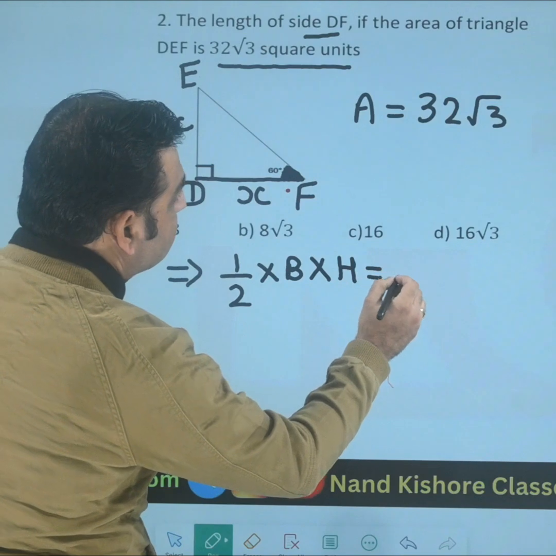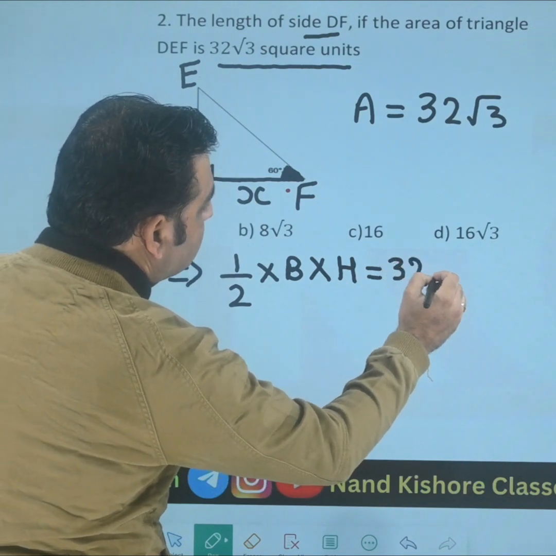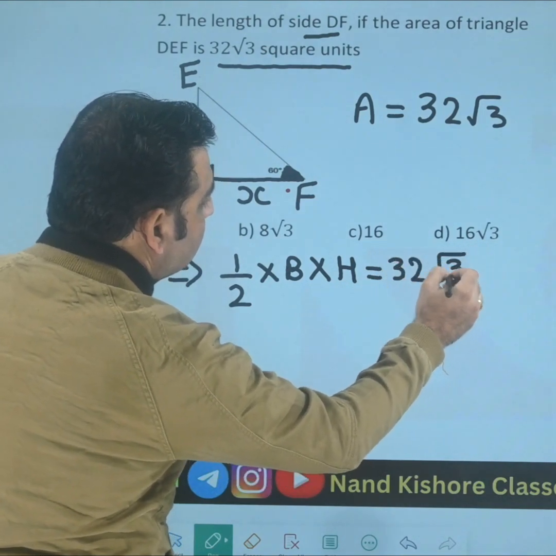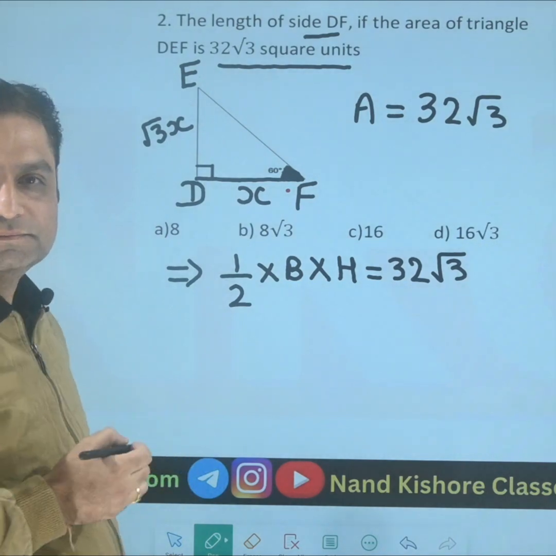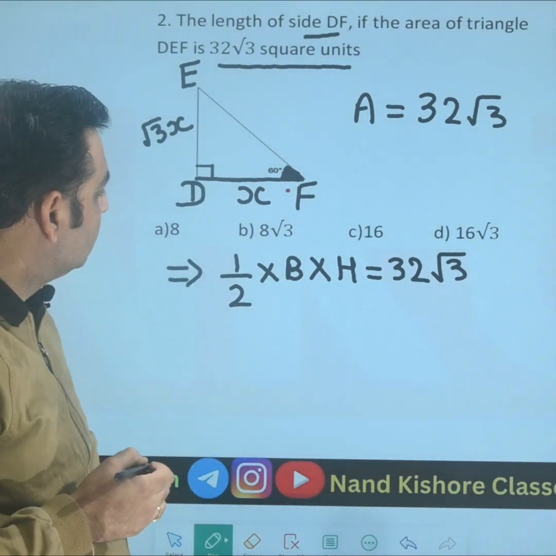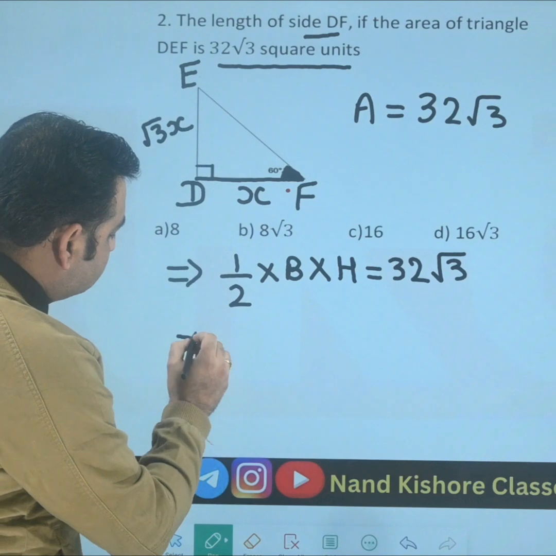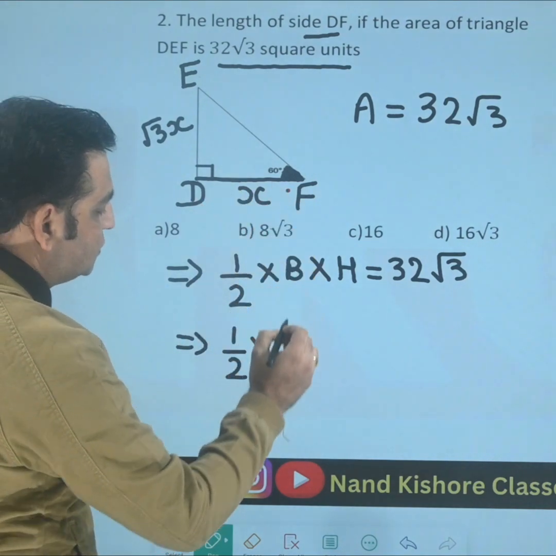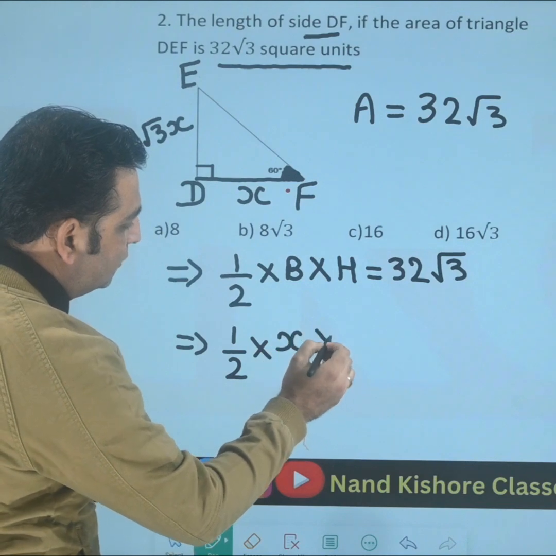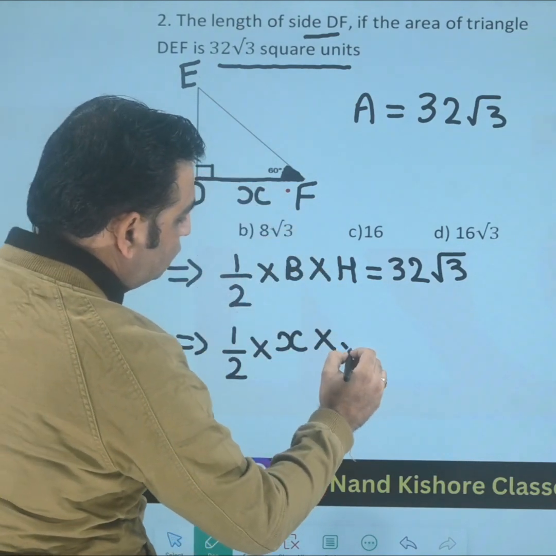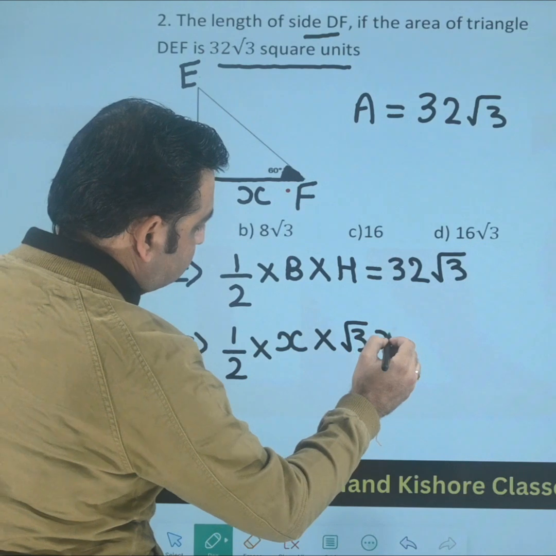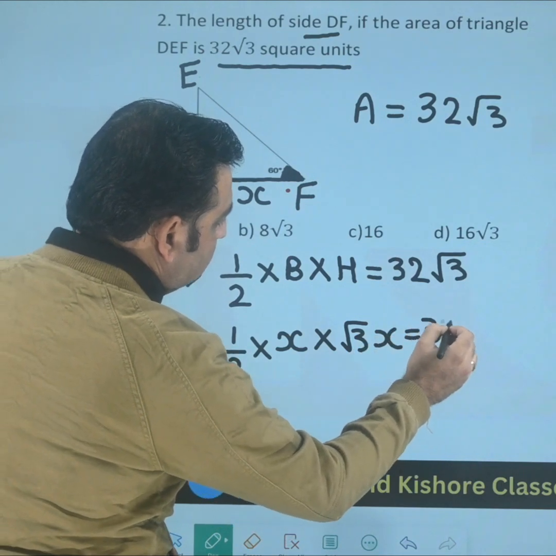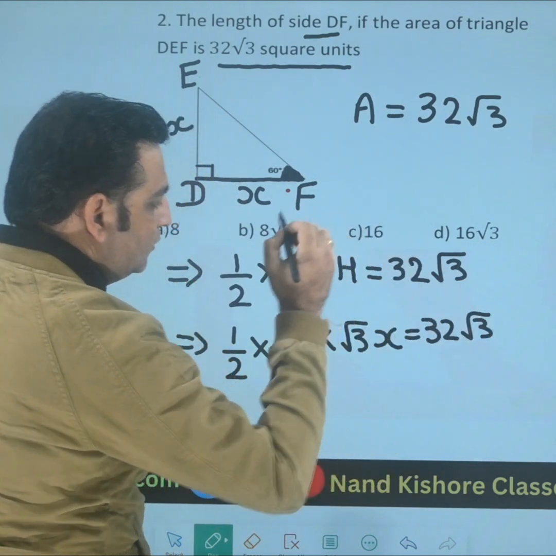That means half times base times height is equal to 32 root 3, right? Now, let me substitute the values. Base is this one which I have considered x and height is square root of 3x. This is equal to 32 root 3.